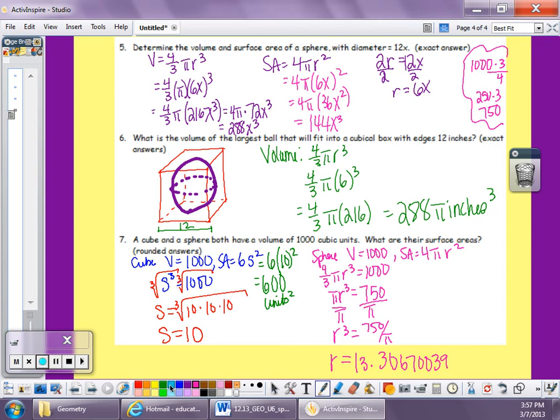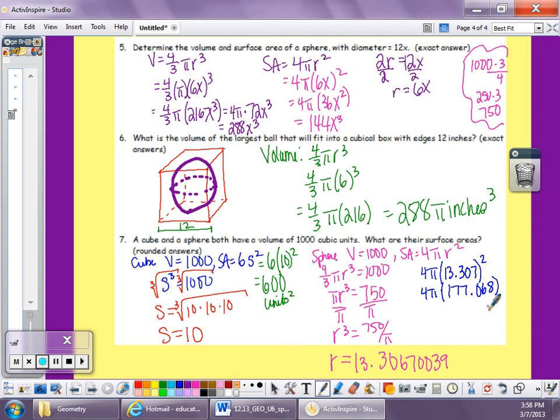13.30670039. So now I'm going to plug in here 4 pi r squared. I know r, and I'm only going to write 13.307 squared. But in my calculator, I haven't pushed clear or anything, so I'm going to take that big number and square it. And I'm going to get 4 pi times 177.068.